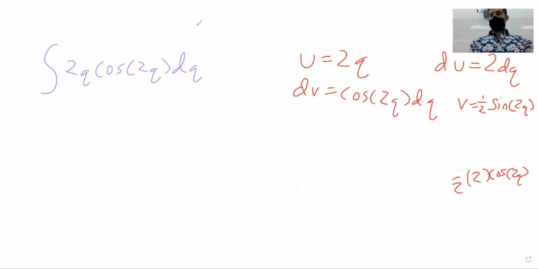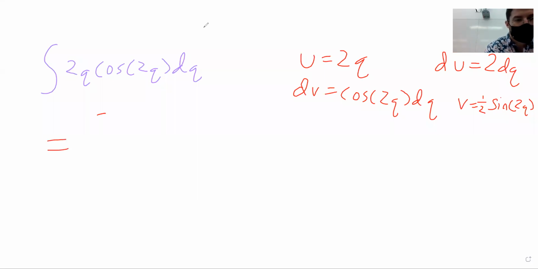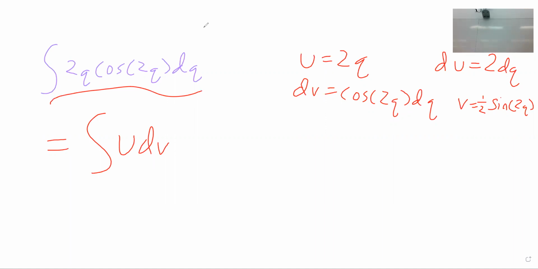So how does our integration by parts formula work? Based on the choices we made, we're given the integral of the u dv part. So this is the part that we're given here. Everybody kind of understand what's going on there?